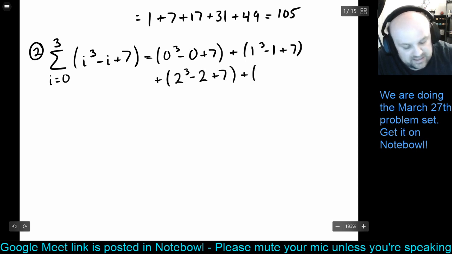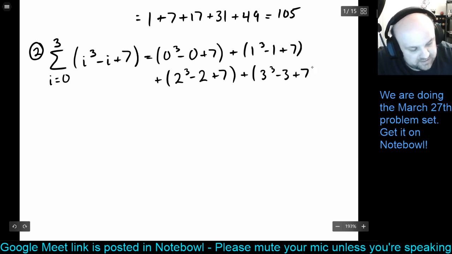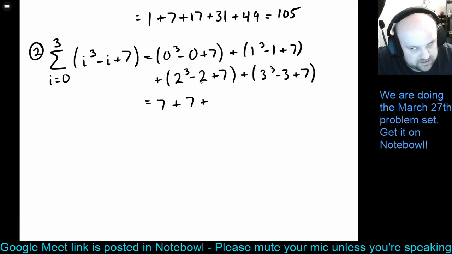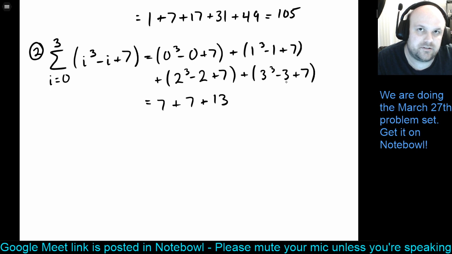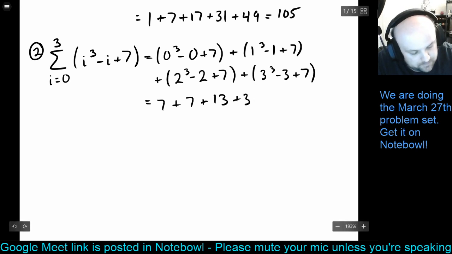And finally, the last number, which is 3: 3 cubed minus 3 plus 7. So that will be 7 plus 7 again, plus, this is 8 minus 2, which is 6, so it's 13. This is 27 minus 3, which is 24, plus 7 is 31.